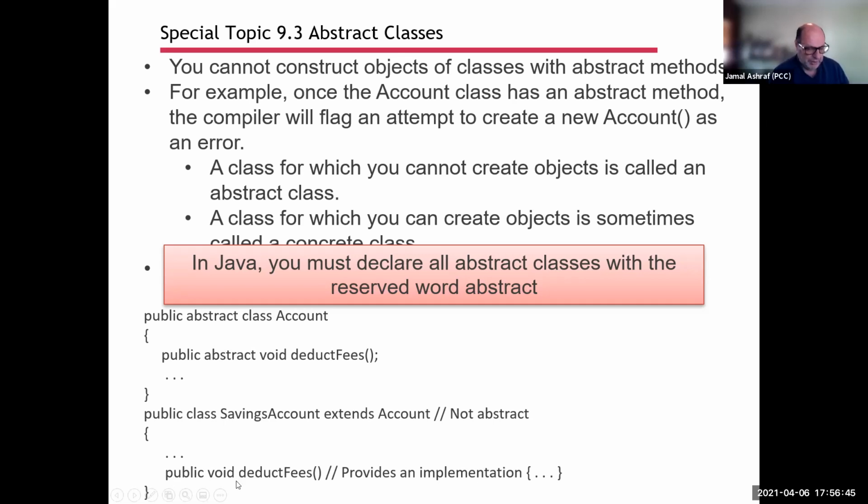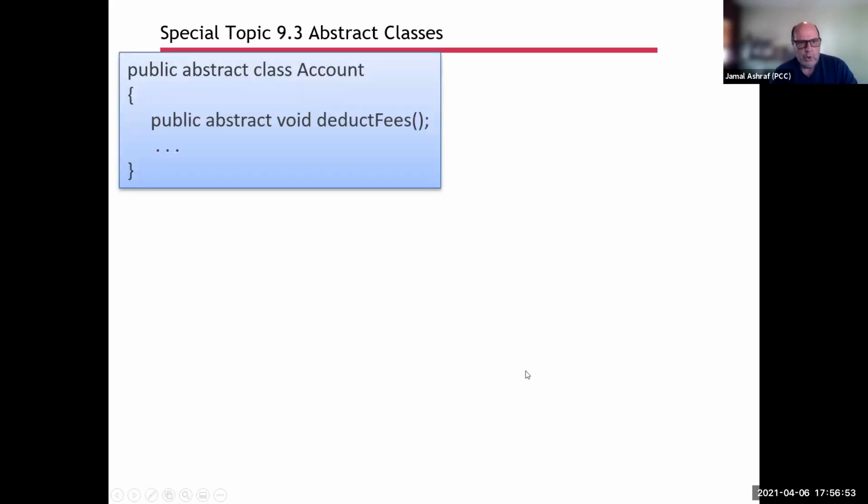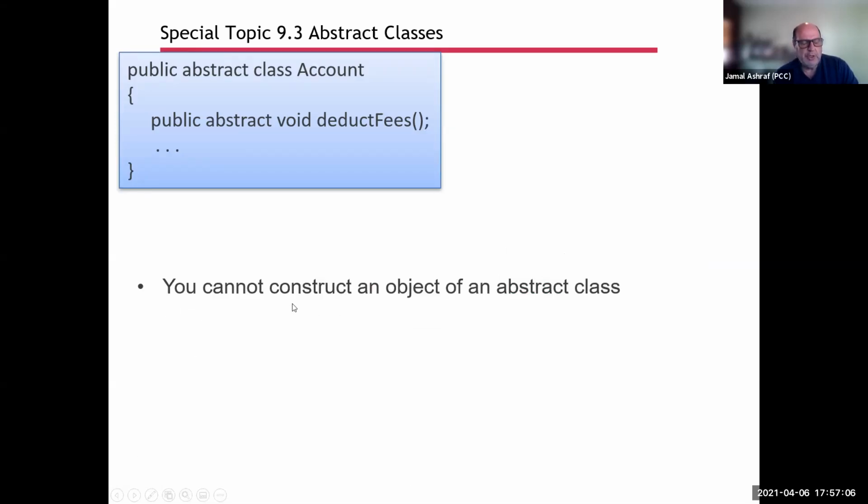So they have to have this method. If they don't want to write the code for it, fine. But they have to have this method. So I'm going to create an abstract class. Inside of that abstract class, I'm going to have a method that's abstract.